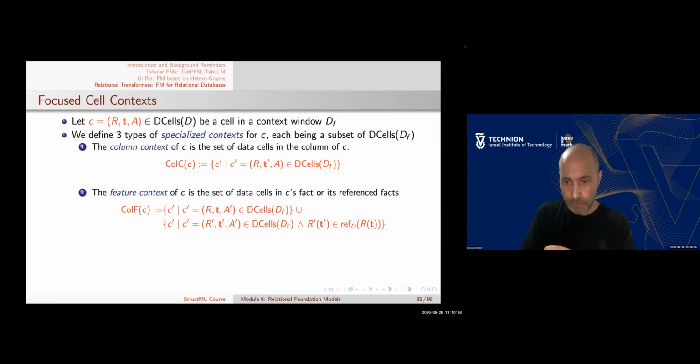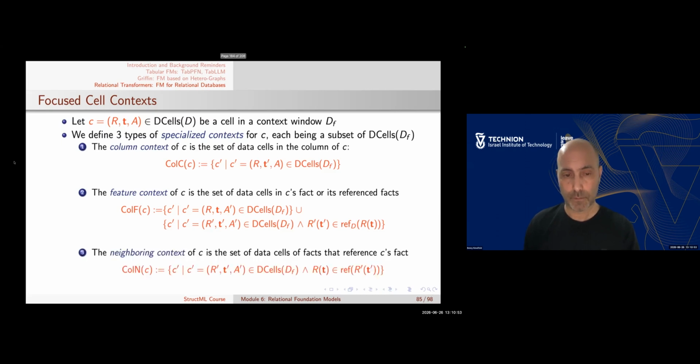If the cell belongs to a tuple, the tuple references some other tuples. We also take their features, their data cells as well. So this is still a small number of features.